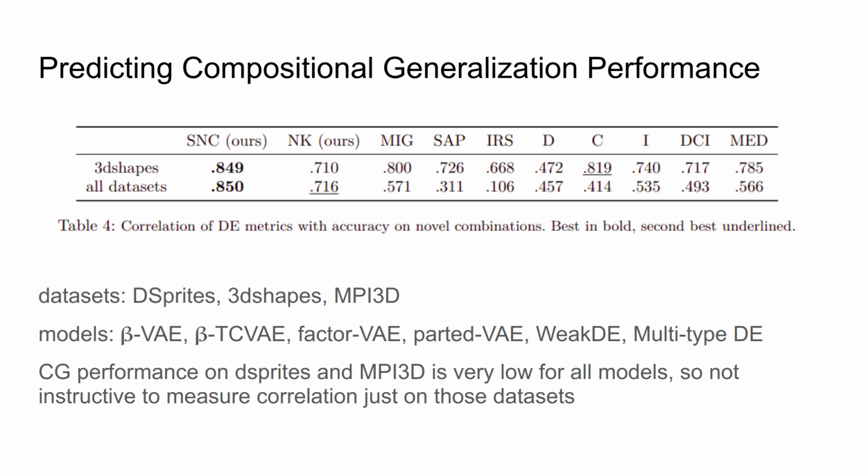Firstly, you can see that there is significant moderate to strong correlation for all of these metrics, which suggests that there definitely is some connection between disentanglement and compositional generalization. Incidentally, there's been some discussion in a few papers in the past about this connection.